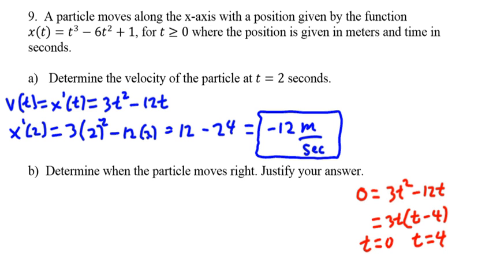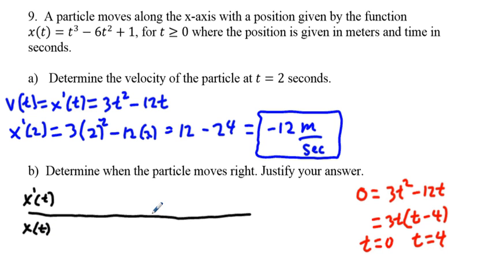So now we make a number line to test and see what's going on. We have x prime of t, our velocity, on top, and our position x of t below, and our critical number here is 4. Now a particle's at rest at 0 also, but we're not interested to the left of 0. So anyway, at 4, we've already determined, plugging in 2, that the velocity is going to be negative.